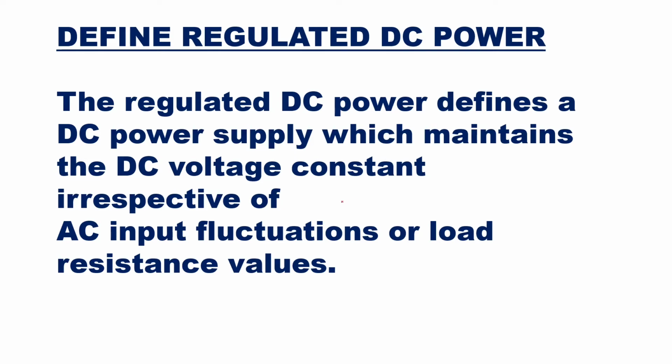Irrespective of AC input fluctuations, so this word is important, or load resistance variation. If any of these varies, the output voltage should not vary, it should remain constant. So that is what is called a regulated power supply.